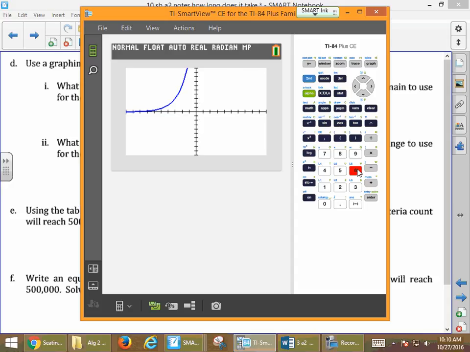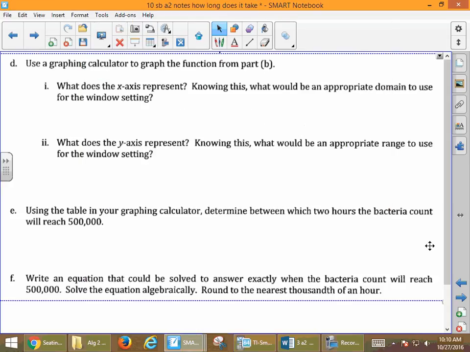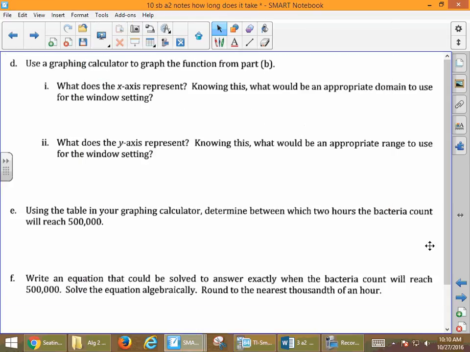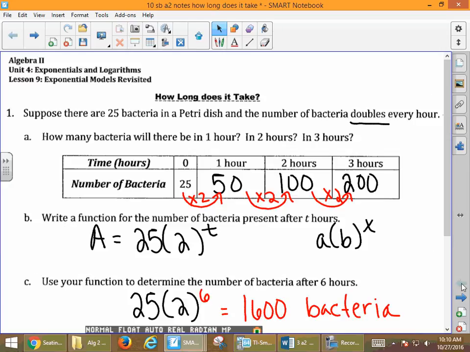The thing is, what we're seeing in this picture is we're over here in the second quadrant, and all of these x values are negative. But what does the x-axis represent? And if we go back and we look at our table, what does the x-axis represent?